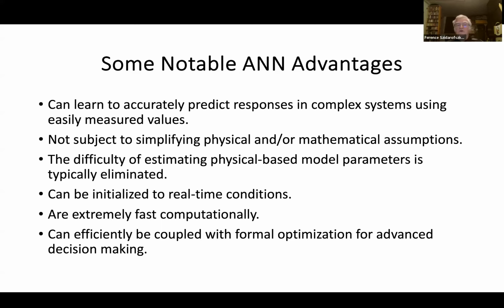And also, as I mentioned already, it can be effectively and efficiently coupled with formal optimization if you want to have an advanced decision maker. A lot of decision-making problems arise. If you have cost involved, any kind of cost, if you supply the water from different resources, which optimal combination you have to use.